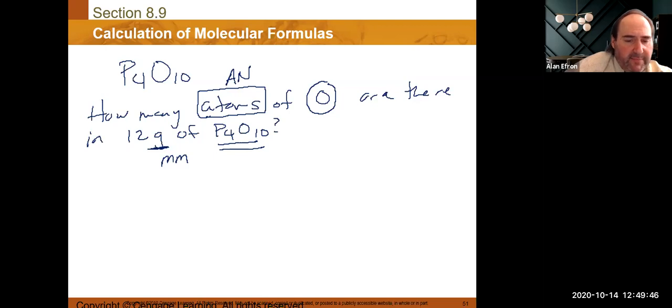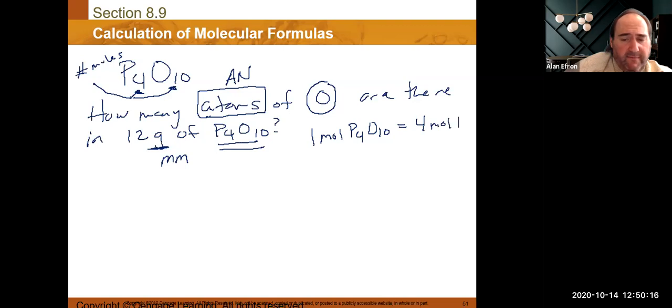So when we say P4O10, as I mentioned before, and as you can see in those calculations we were doing, these are the number of moles. So you could actually come up with a mole to mole relationship using the formula. We could say that in every 1 mole of the entire thing, there are 4 moles of phosphorus, like we just calculated, and the 4 comes from here.